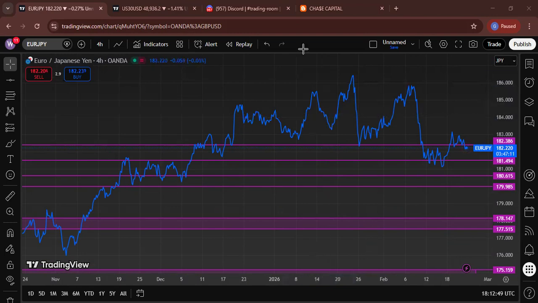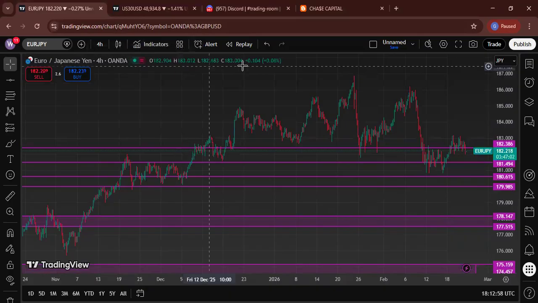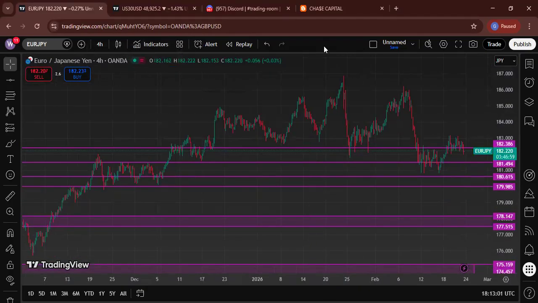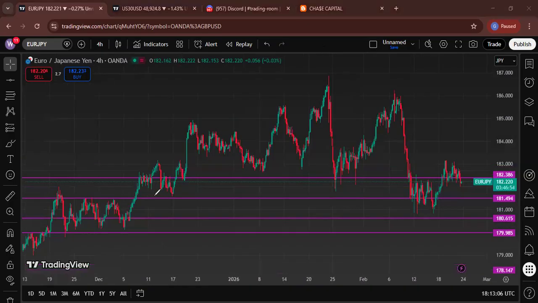From this area, this demand, all the way to these highs and back to this demand. That range is filled from demand again all the way to these highs, back to demand.